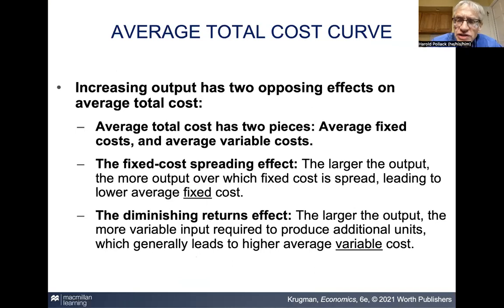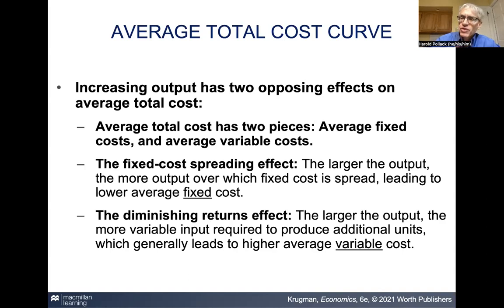Now notice when you increase the output, you've got 2 opposing effects on the average total cost. One is the average fixed cost is always going down as you're producing more, because you're spreading out that average fixed cost over more units. So the average fixed cost is always dropping, but there's a diminishing returns effect that eventually starts to go up.